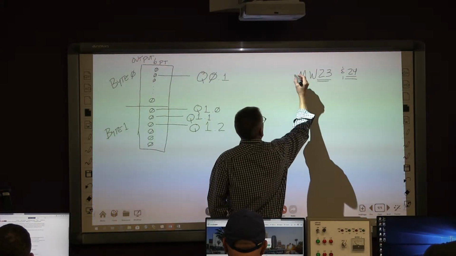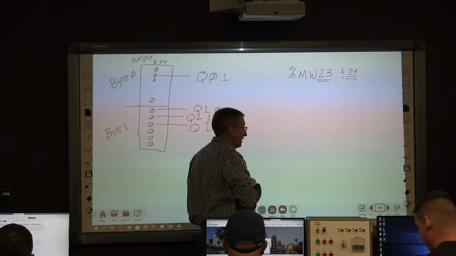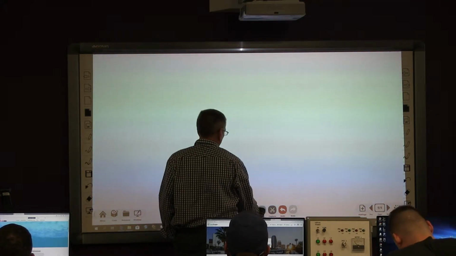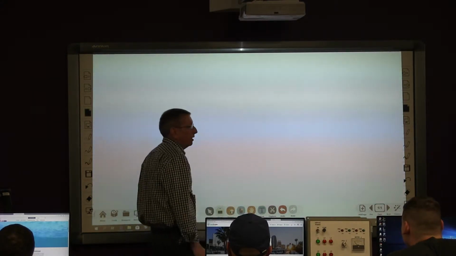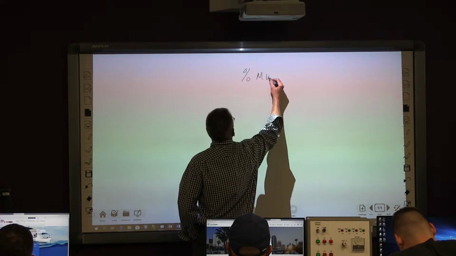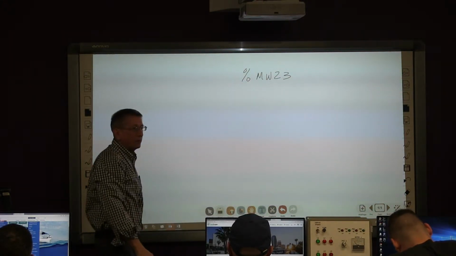Let's say this tag had a percent sign in front of it. Percent MW23.